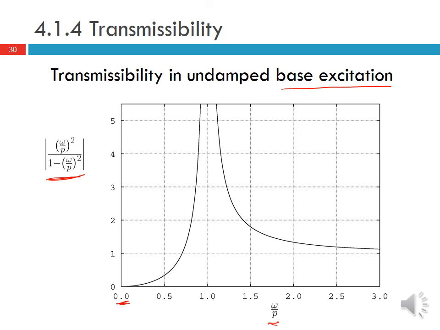As omega over p gets large, one of these terms becomes negligible, and because of the absolute value, the transmissibility goes to 1. And at resonance, as omega over p is equal to 1, the denominator goes to 0, so our transmissibility goes to infinity.